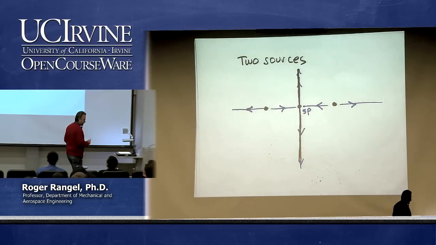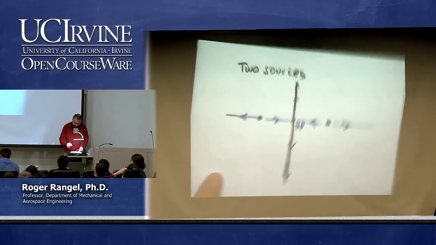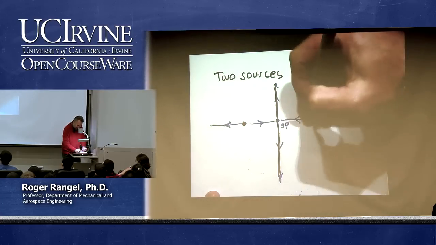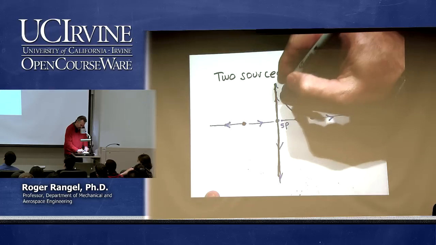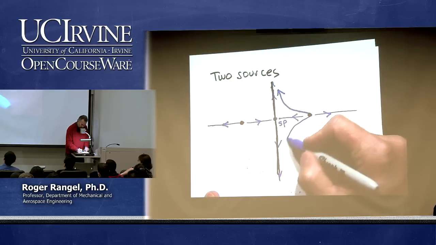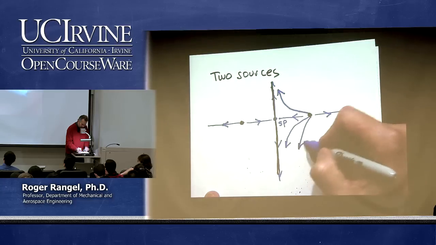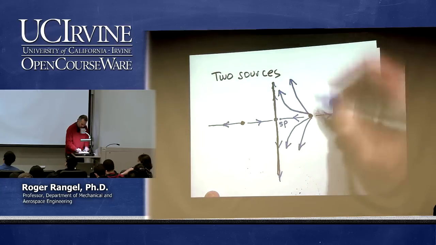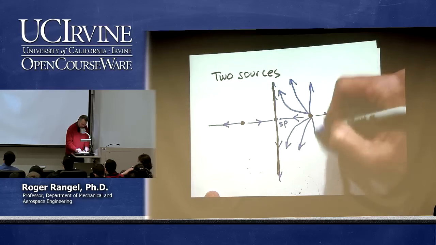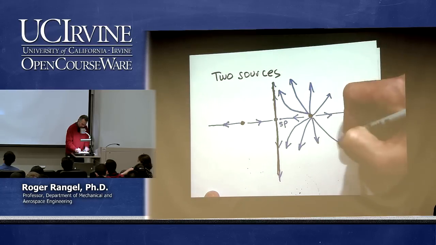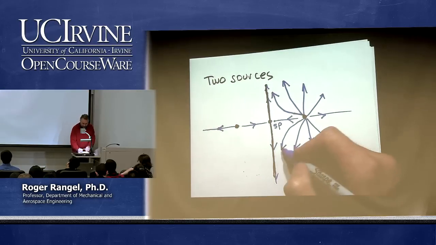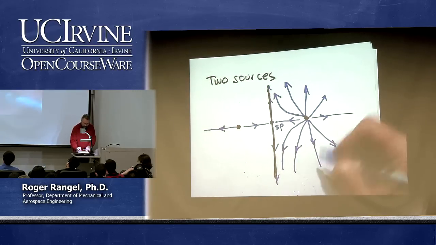Let's draw a few other streamlines. You will agree with me that they'll have to do like that. All right? So what is this? What would you call this field?